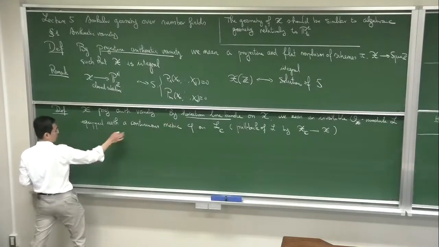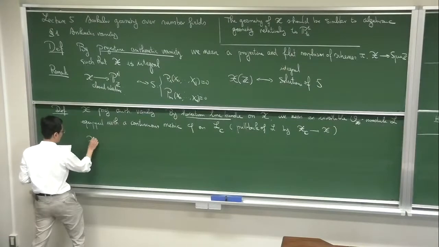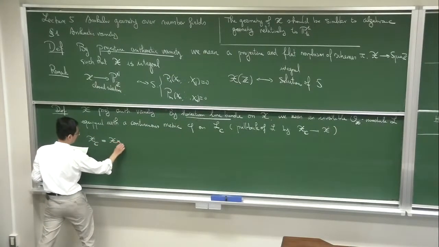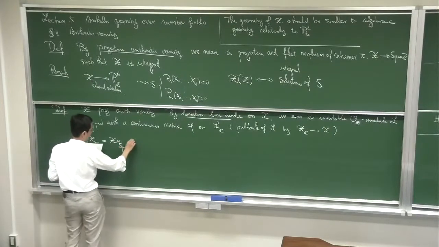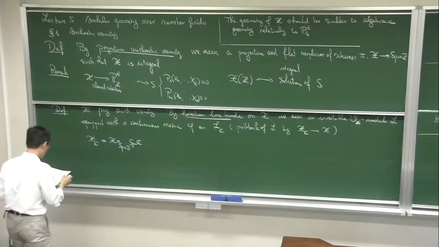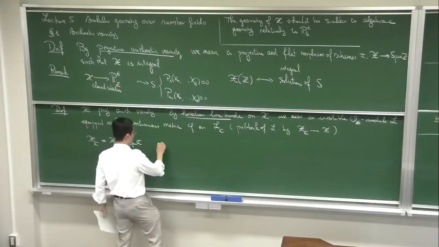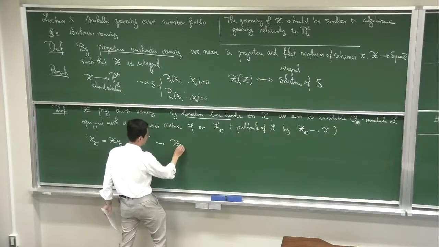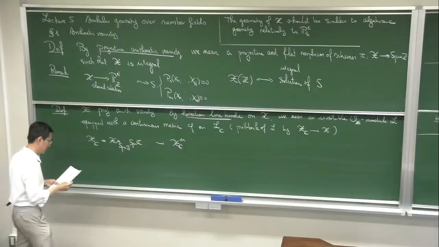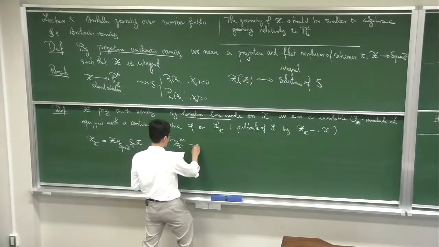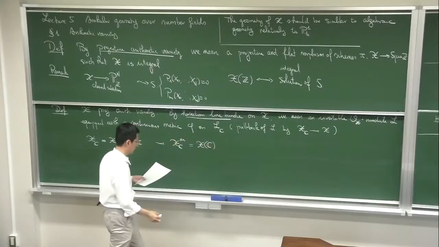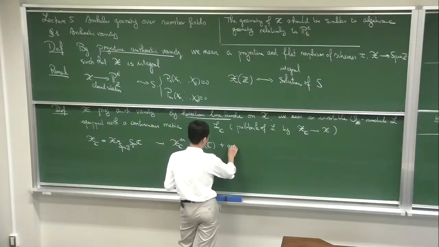I will explain a little bit. What is the metric? As you know, X_C is just X times the fiber product over Spec Z, Spec C. Then you can attach some analytic variety. So we change the topology of the scheme. This is just the space of complex points of the scheme with the analytic topology.